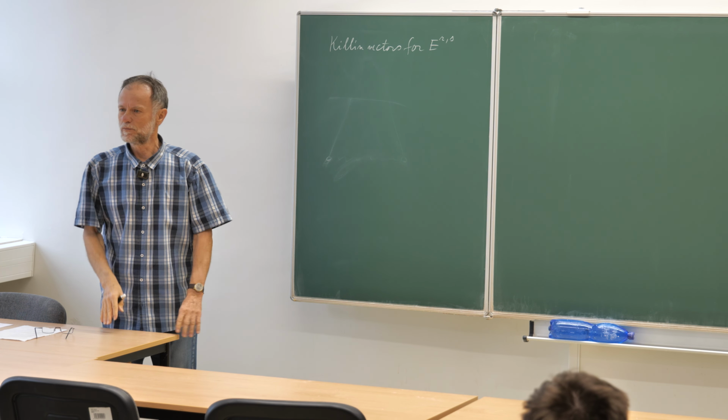And then we have the vector fields which can be written in this way. How many vector fields are here? We know that it is n times n minus 1 over 2, and how many are there? It is n. So altogether, it is n times n plus 1 over 2.